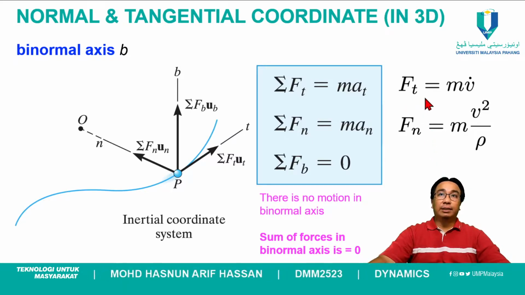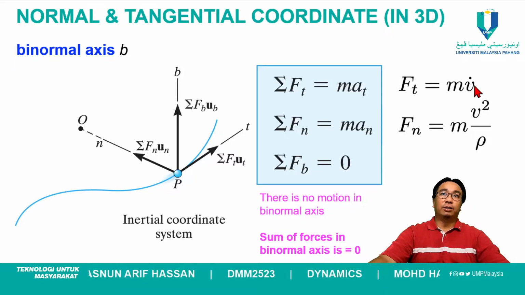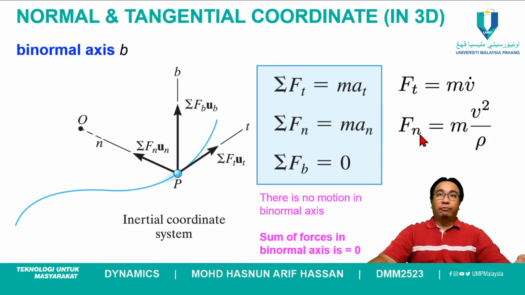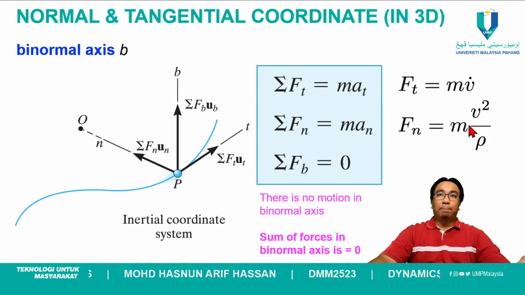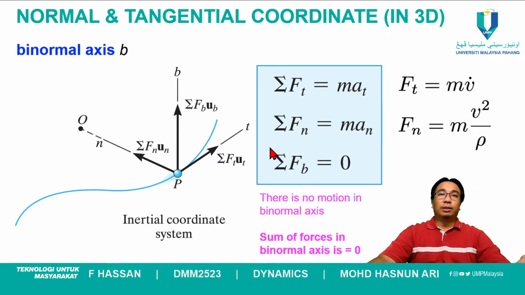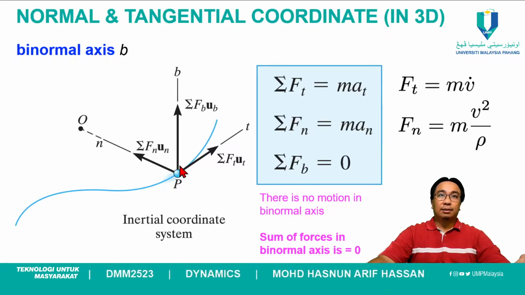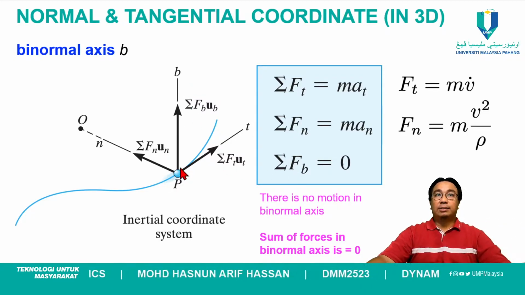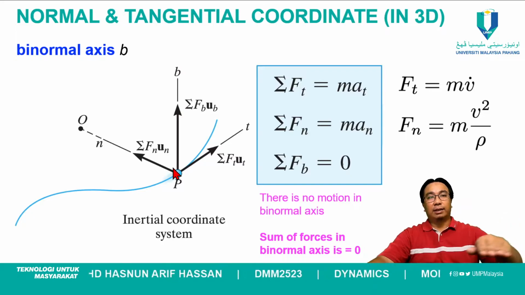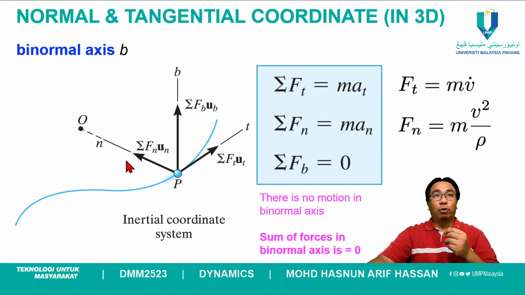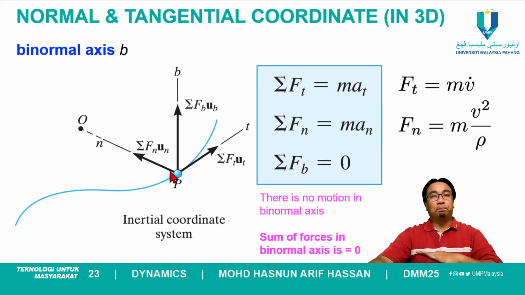So Ft is equal to m v dot. V dot means dv over dt. And Fn is equal to m v squared over rho. And then for the binormal axis, the three-dimensional axis pointing up, there is no acceleration in this axis because the acceleration is always happening in the normal and tangential axis plane only.